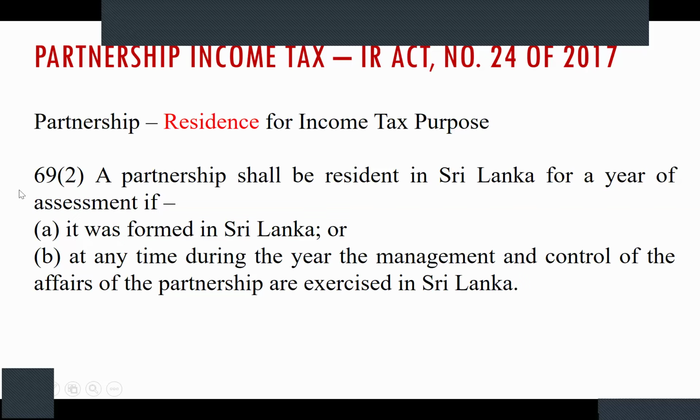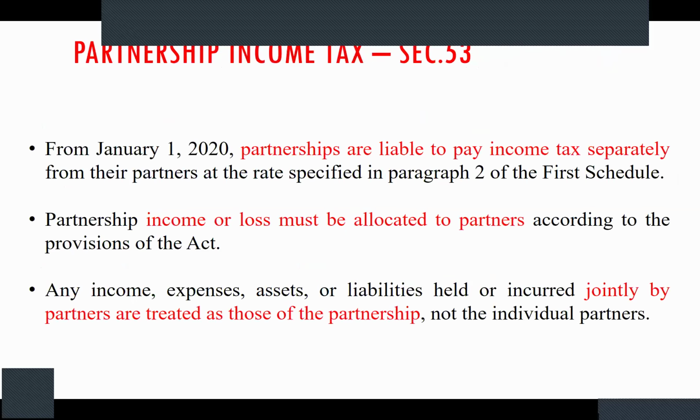So you know the differences between residents and non-residents, and the importance of identifying whether it is a resident one or a non-resident one. Then we have specific provisions under section 53 as well as others. For individuals and companies we have some provisions, but in addition to that we have specific provisions for partnership income taxation also.